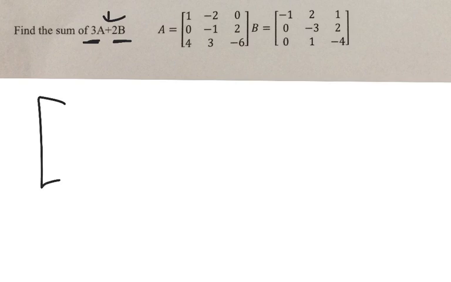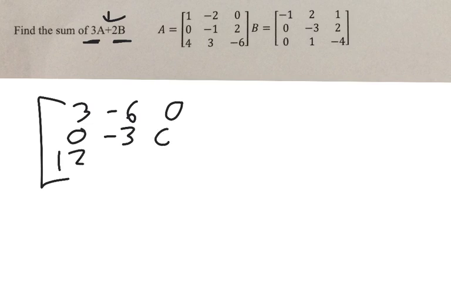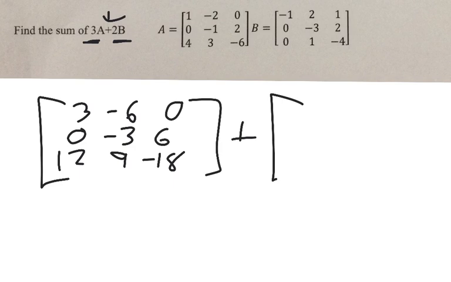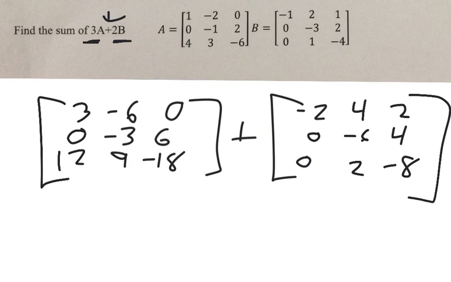If I multiply the first one by 3, that's 3, -6, 0, 0, -3, 6, 12, 9, -18. And then we're going to add it to the second matrix multiplied by 2. So that's -2, 4, 2, 0, -6, 4, 0, 2, -8.